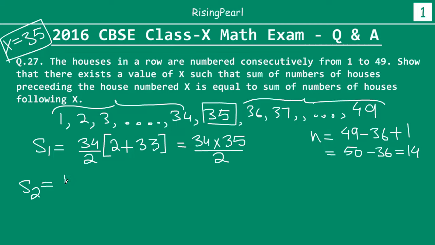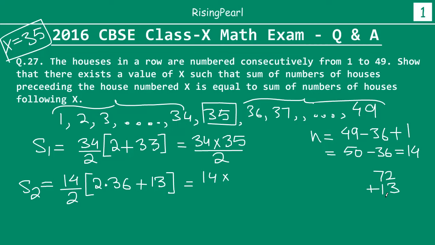So n is 14, so n by 2 times twice the first term, which is 36, plus n minus 1. n is 14, minus 1 is 13, 13 times d, where d is 1. So we have 14 times, and 2 times 36 is 72, so we have 72 and 13, if we add them we will get 85. This times 85 by 2.